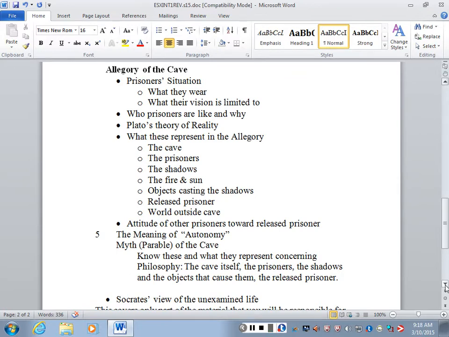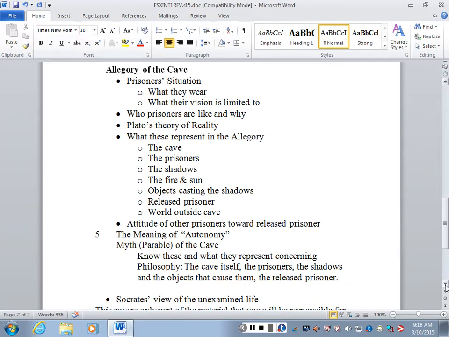So if you can get that, the fact that Plato is trying to turn your view of the world upside down. And Plato knows that people in Athens have the same view that people have nowadays, right? They don't think that there is an eternal form of a desk that has more reality than the particular desk. They think the particular desk is the most real. People are hung up on things in this world.